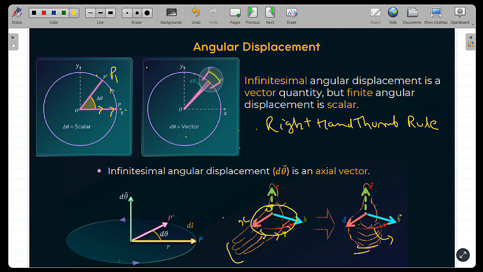And this thumb gives the direction of angular velocity. We will study angular velocity tomorrow, but you should remember that this thumb gives you the direction of angular velocity, while the curling of the fingers gives you the direction of angular displacement. Angular displacement direction is given by the curling of the fingers of the right hand.